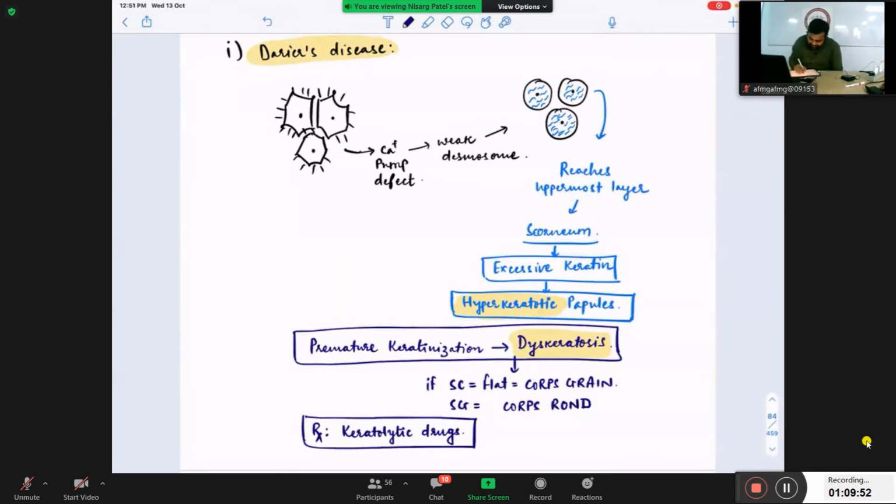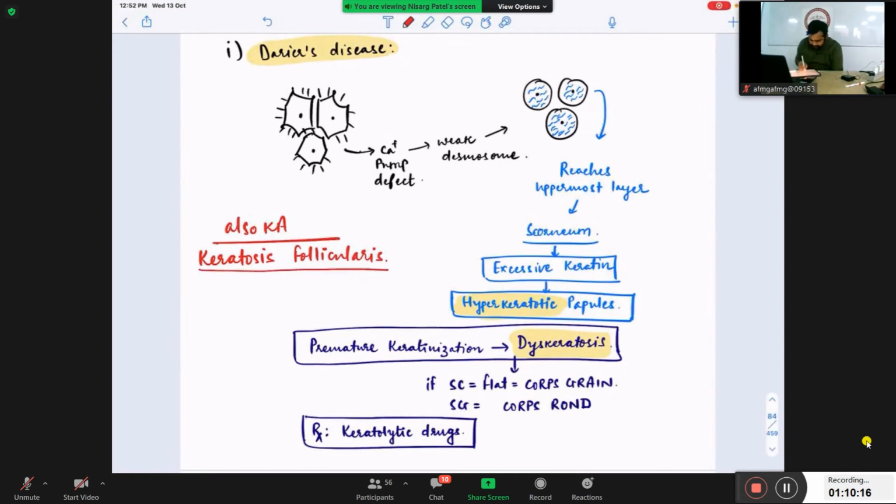So that is why this disease is also known as keratosis follicularis. The other name of this disease is keratosis follicularis.